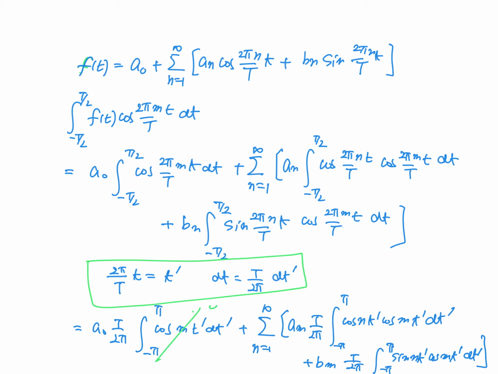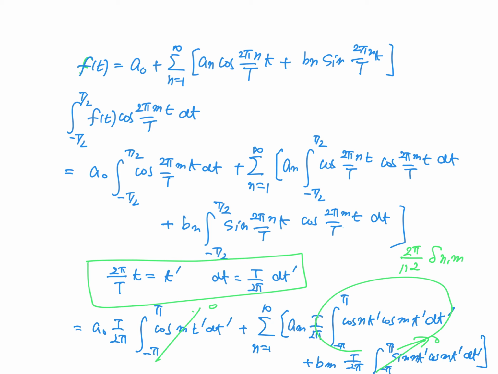So this is 0, and this is 0, and this is what? 2 pi times 1/2 delta nm, right? If you refer to the previous result, it's 1/2. So it's 2 pi divided by 2.